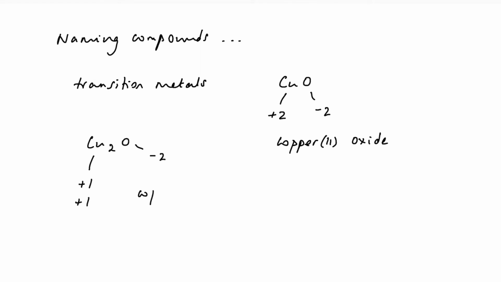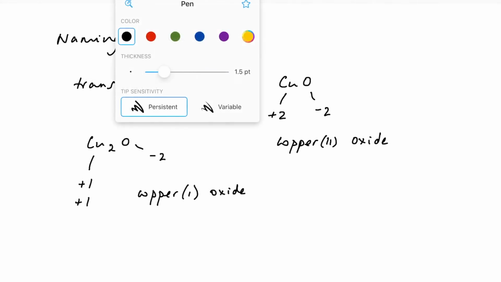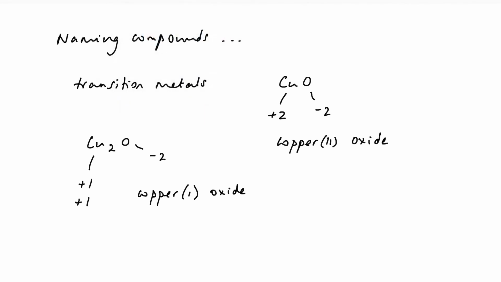Name of this, copper 1 oxide. Now, I've been quite careful here in the way that I've written it. First of all, the oxidation state is in Roman numerals, bracketed, and there is no gap between that and the name. So copper 2, copper 1, this should all look like it's one word when you write it, then gap, then oxide.